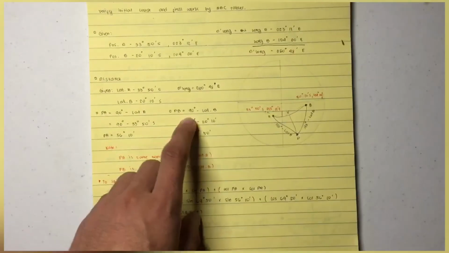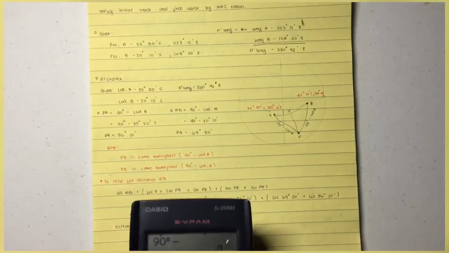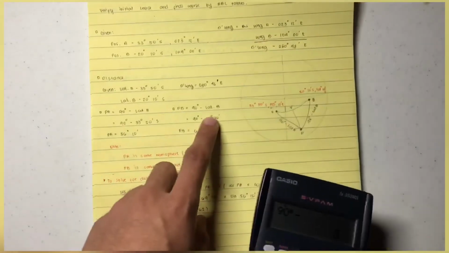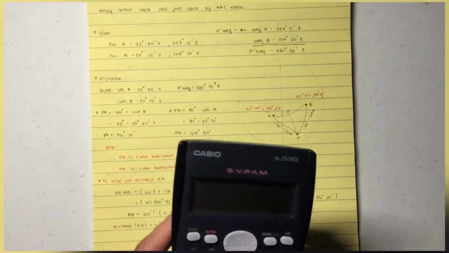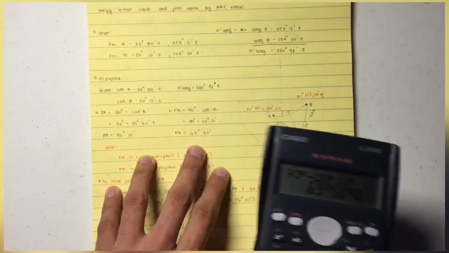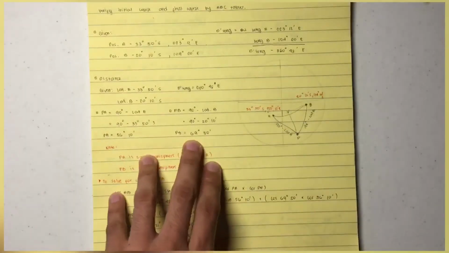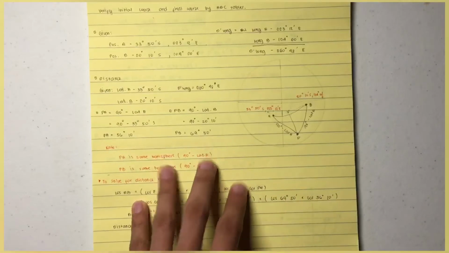So we do 90 degrees subtracted by latitude B, which is 20 degrees 10 minutes. We come up with the arc PB equal to 69 degrees 50 minutes.